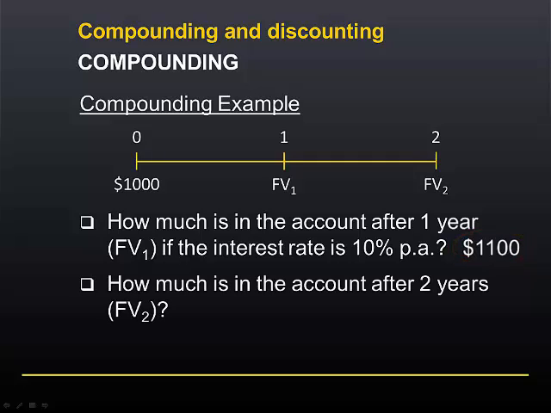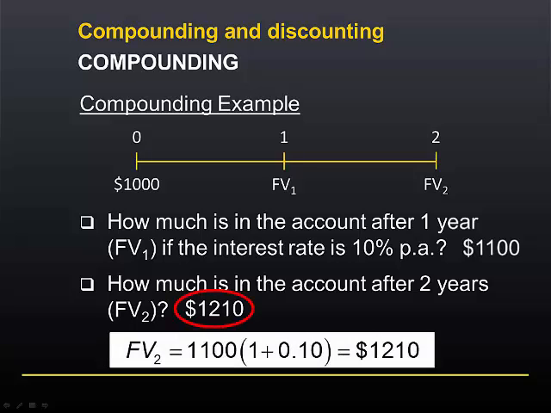How much will be in the account after 2 years? The answer is $1,210. The $100 in the account at the beginning of the second year earns 10% interest, or $10. So the total amount in the account is $1,100 plus $110, or $1,210.